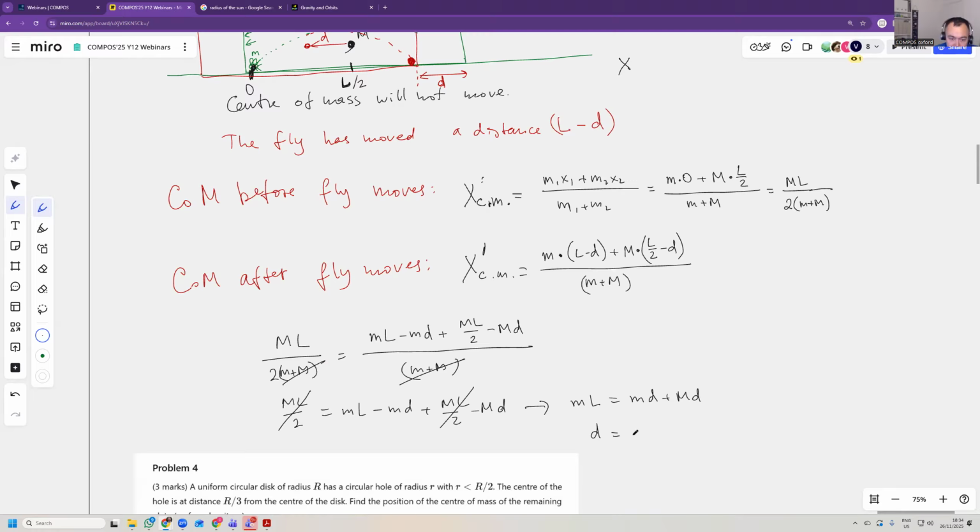So d is equal to m over (m plus M) times L.